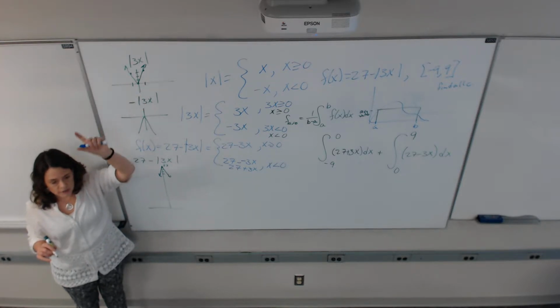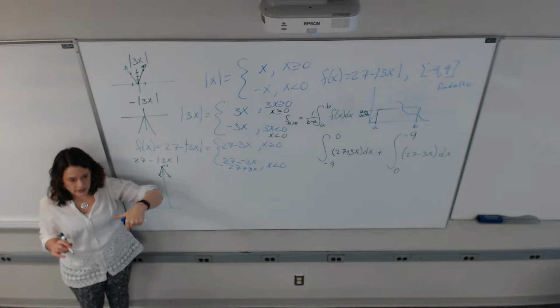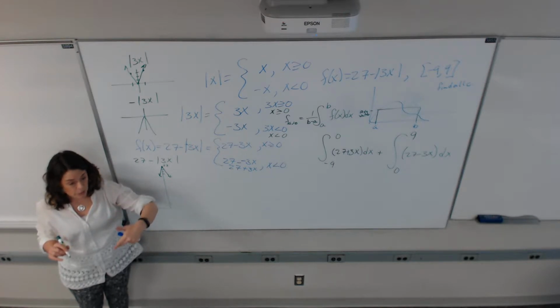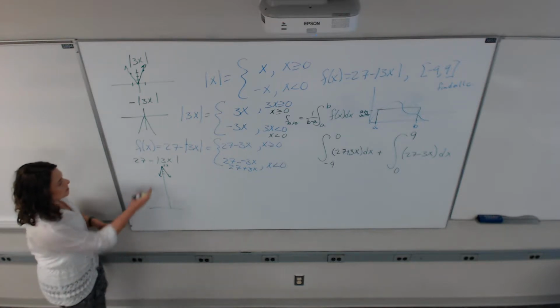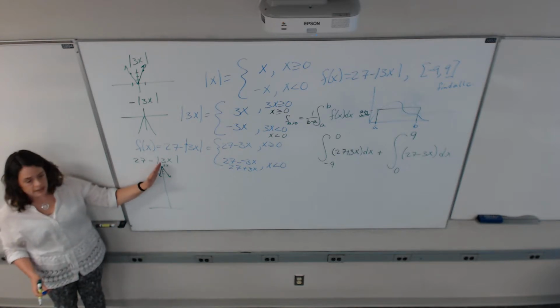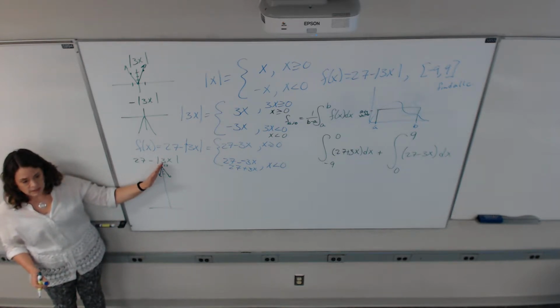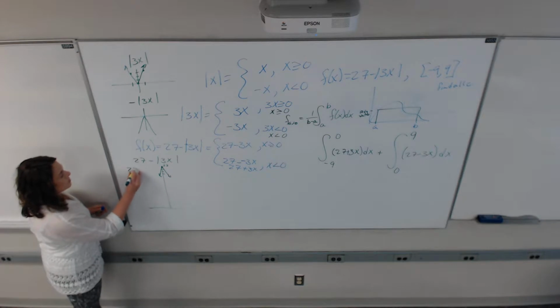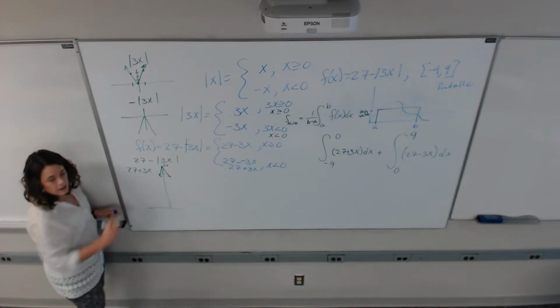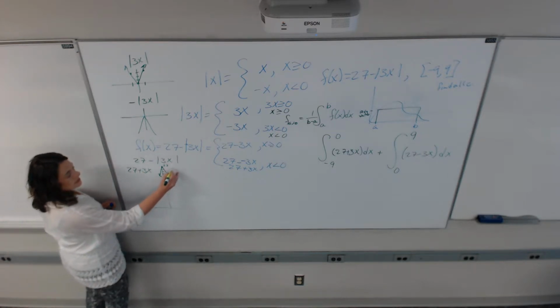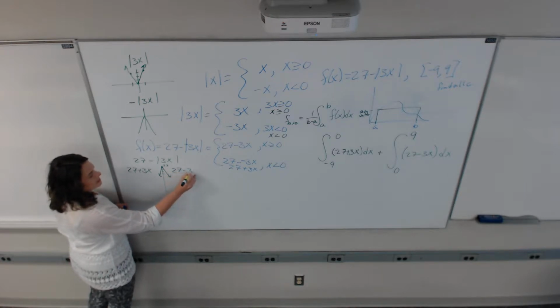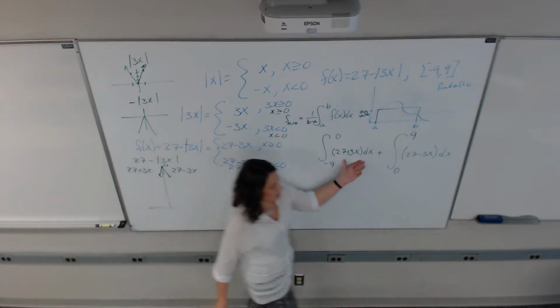So if it's a change of vertically 3 over 1, it's got to be a slope of 3, either positive or negative. Which one is the left side? Is that the positive or the negative? That's the positive. So I have 27 plus 3x on the left side. What do you have on the right side? 27 minus 3x. Isn't that what we already got?